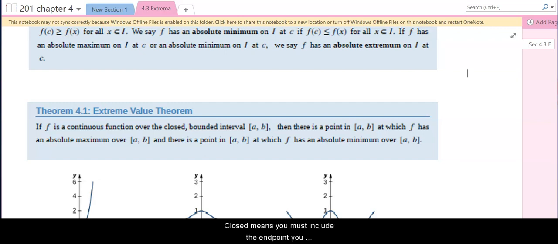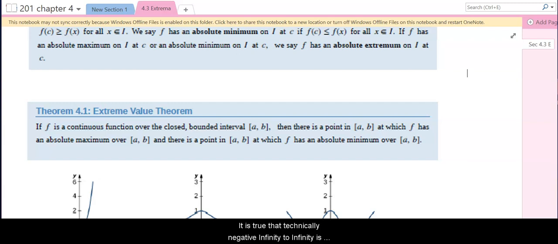Closed means you must include the endpoints. You can't leave one of the endpoints open, like at a hole or a vertical asymptote. They have to be closed using square brackets. Bounded means that you cannot go to infinity or negative infinity on the right or the left, respectively.